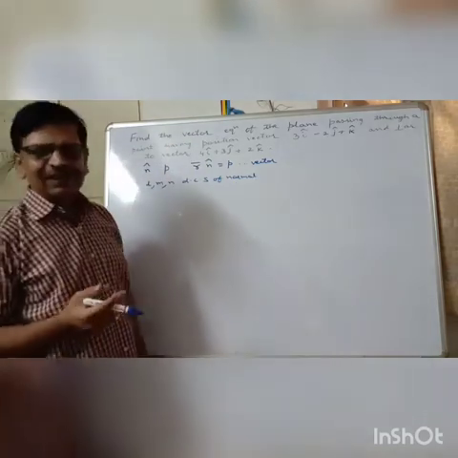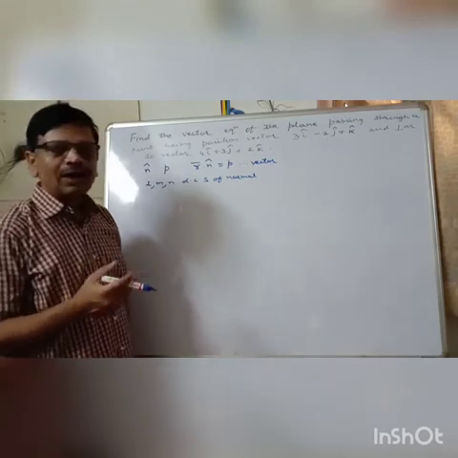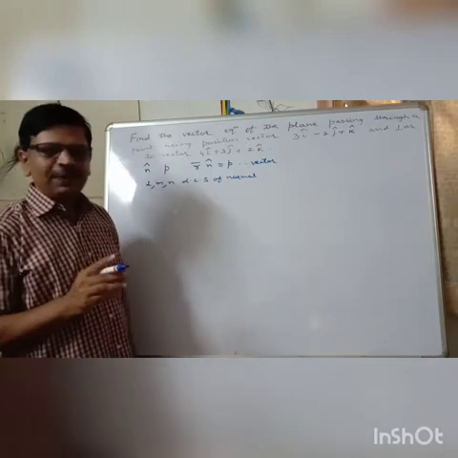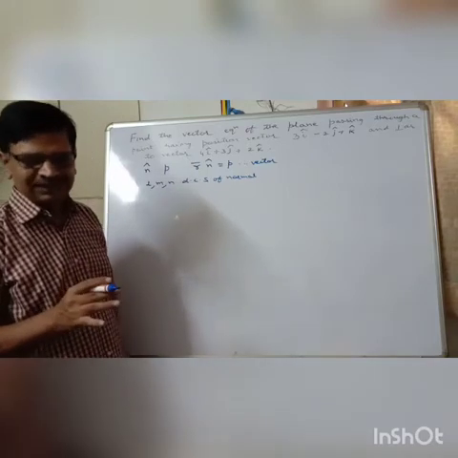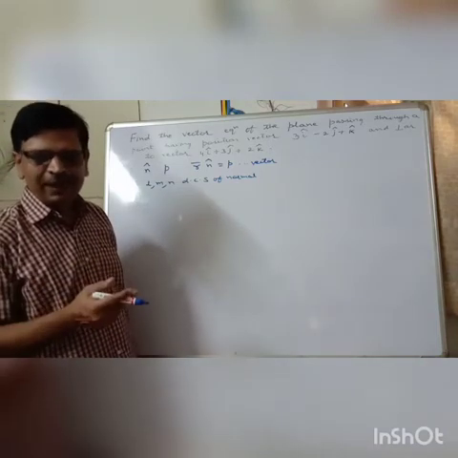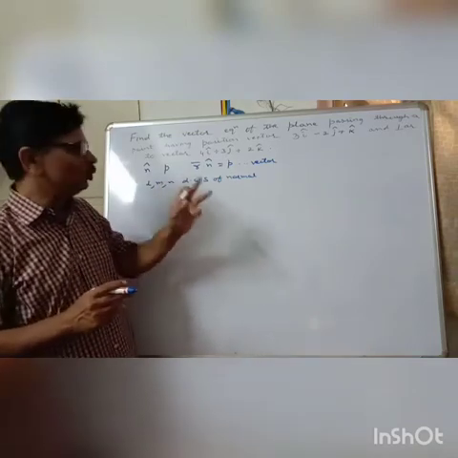Now direction ratios or direction cosines are for a line or vector. For a plane, there cannot be direction ratios or direction cosines. And a line or vector which is perpendicular to plane is normal to the plane.